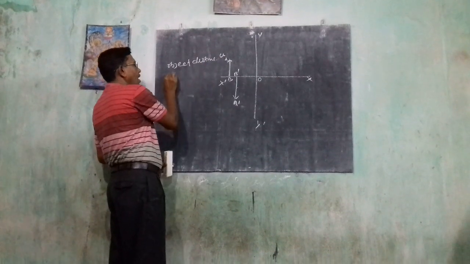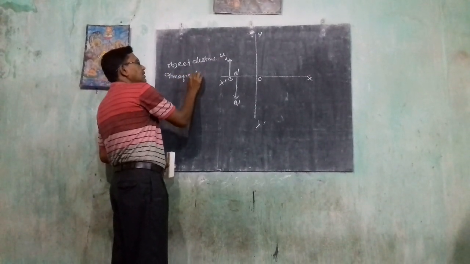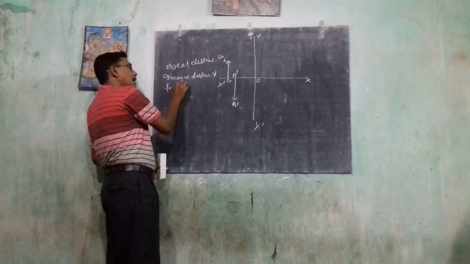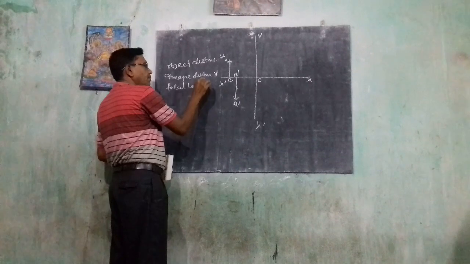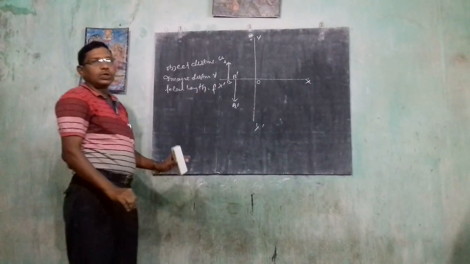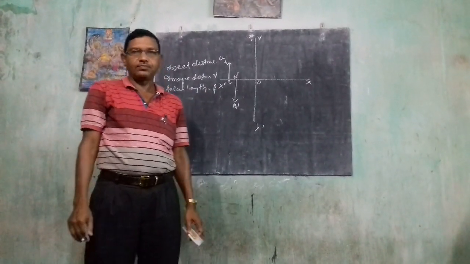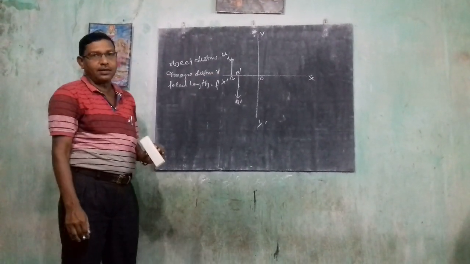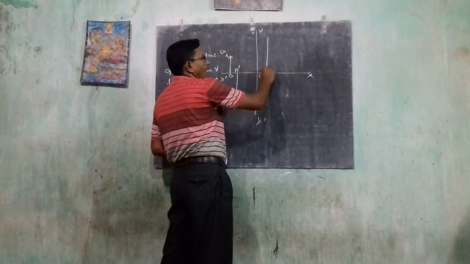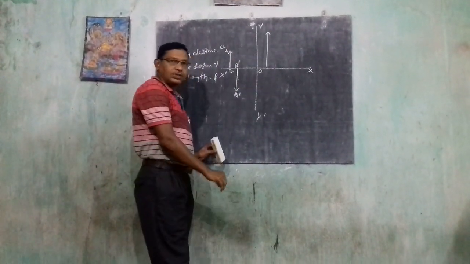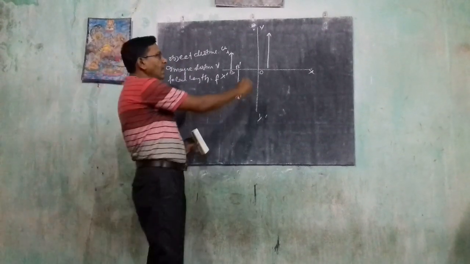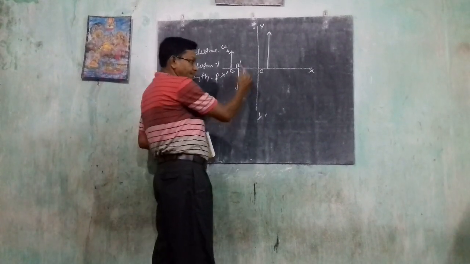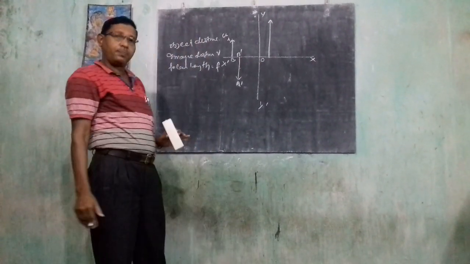Object distance u, image distance v, focal length f. When the image is virtual, meaning behind the mirror, as with a convex mirror, the height of the image is positive and the image position is also positive.